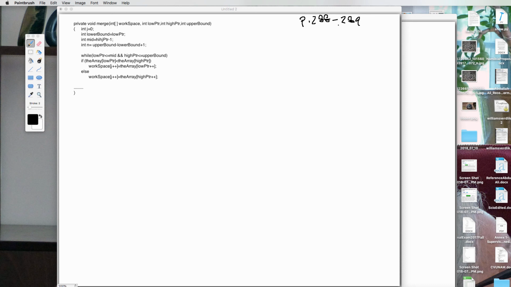And here's the thing that I want to point out to you about what your author is doing. You'll notice over here that he refers to an integer array that's called workspace. And over here, you'll notice that he refers to an array that's called the array. So there are two arrays here. One of them is called the array, and one of them is called workspace.